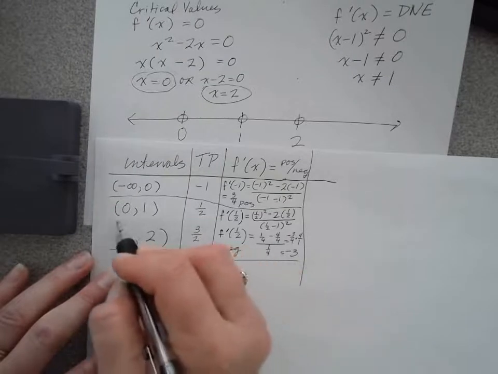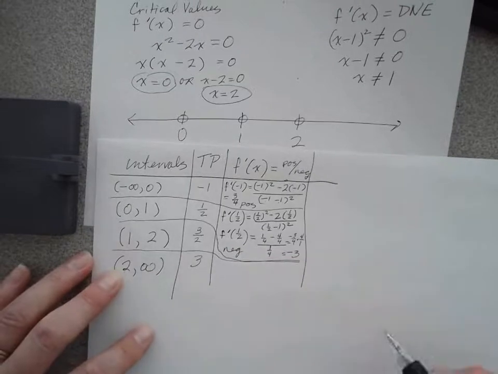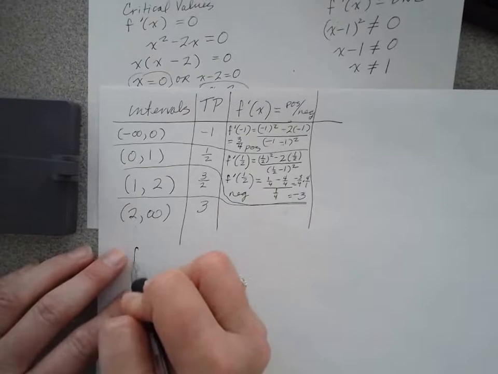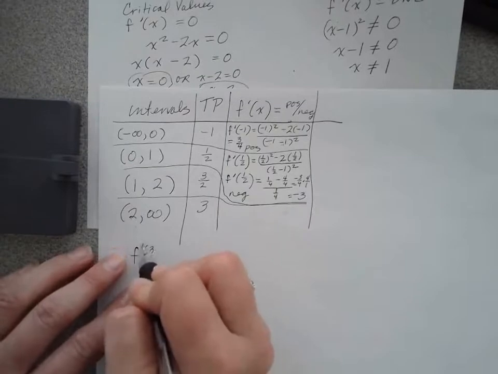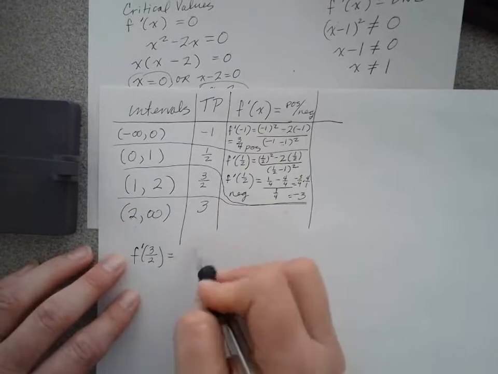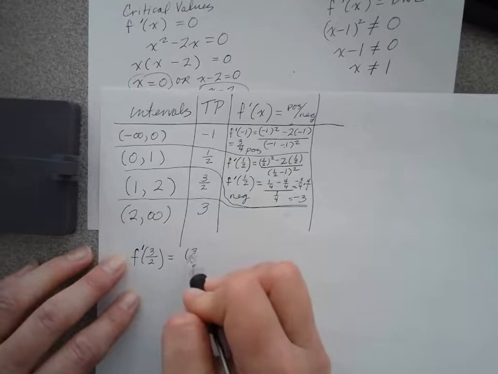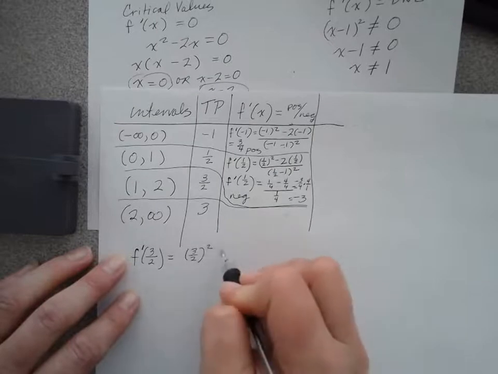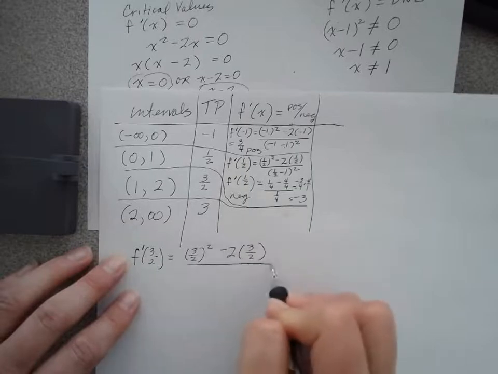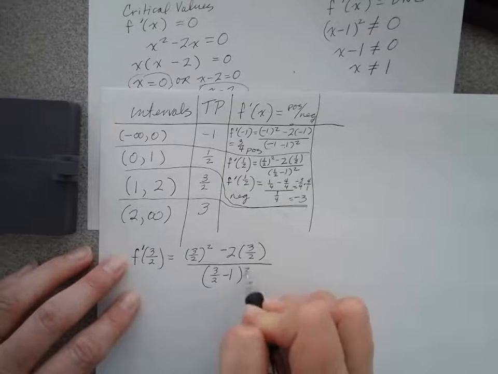Whoops, that's not. Okay, I really didn't leave enough room here. So f prime of 3/2, we'll just do it down below here. So f prime of 3/2 is going to be 3/2 squared minus 2 times 3/2 over 3/2 minus 1 squared.